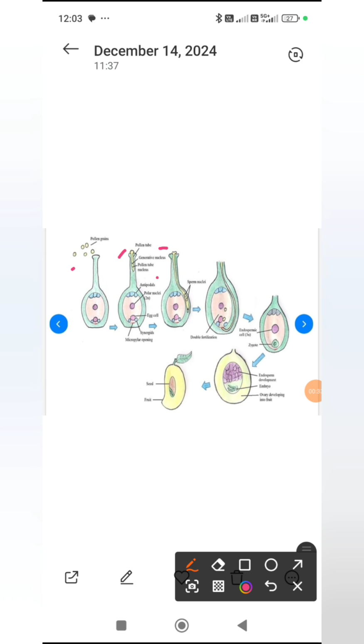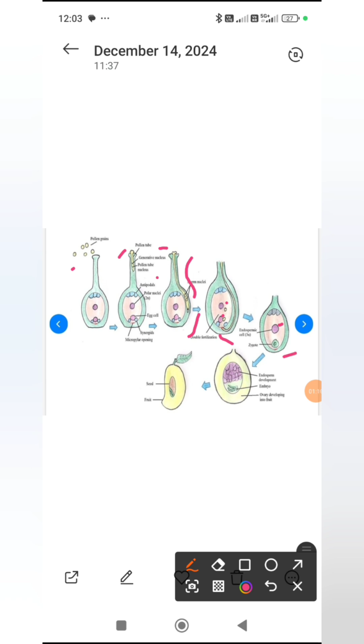As the pollen tube grows, it enters the micropylar end, reaches the embryo sac and then the egg cell. At that time, the generative nucleus divides and produces two male gametes. One male gamete fuses with the polar nuclei present in the central cell, and the other fuses with the egg cell to form the zygote.